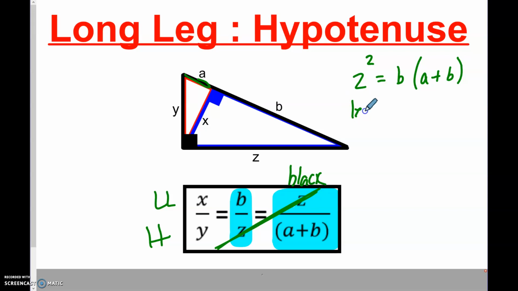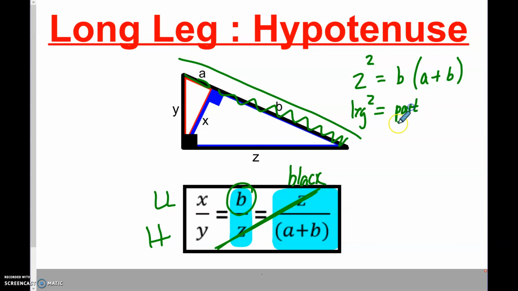So again, it is leg squared equals B, which is the part of the hypotenuse, times the whole hypotenuse.